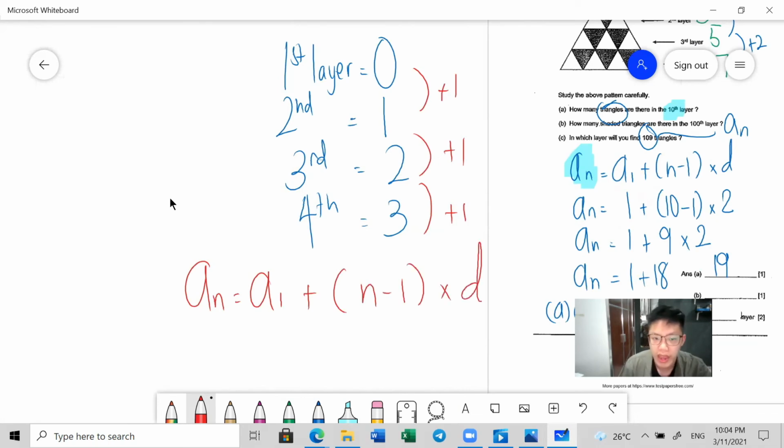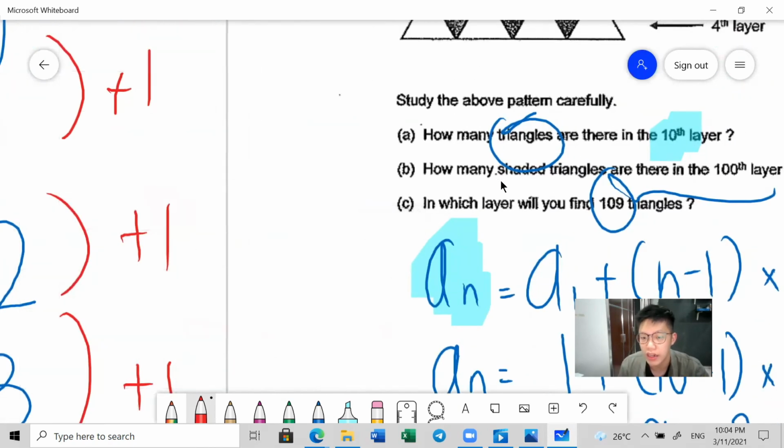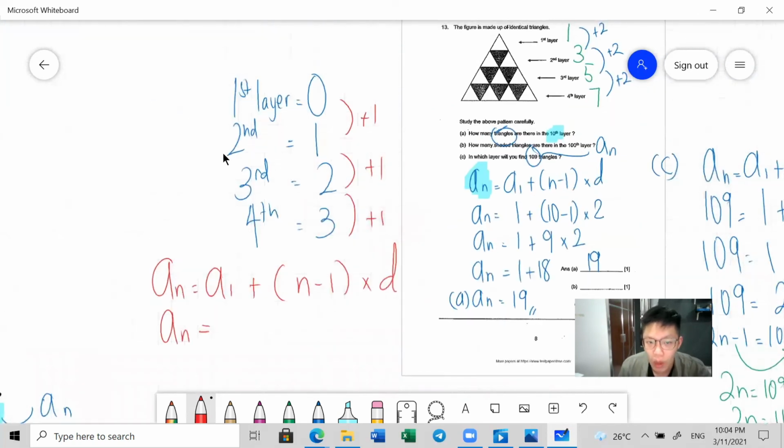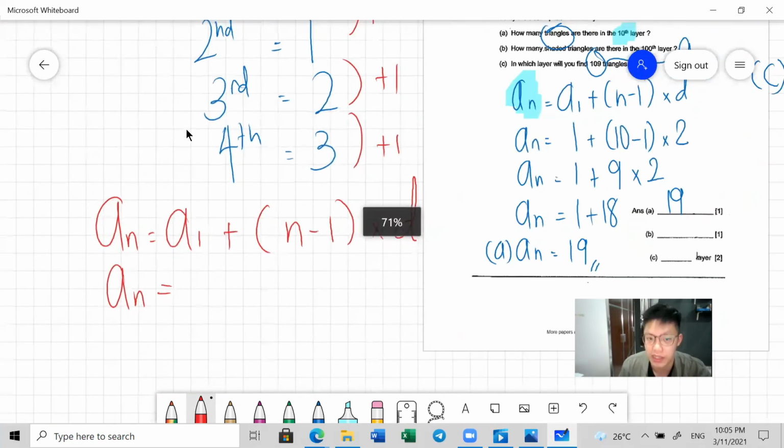An is exactly what you need to find. Why is that so? Because as you can see from the question itself, they are asking you how many shaded triangles there are in the 100th figure. So how many shaded triangles is simply my unknown, which is what I need to unravel. Now, for A1, that is my first, or in fact the value of my figure number 1.